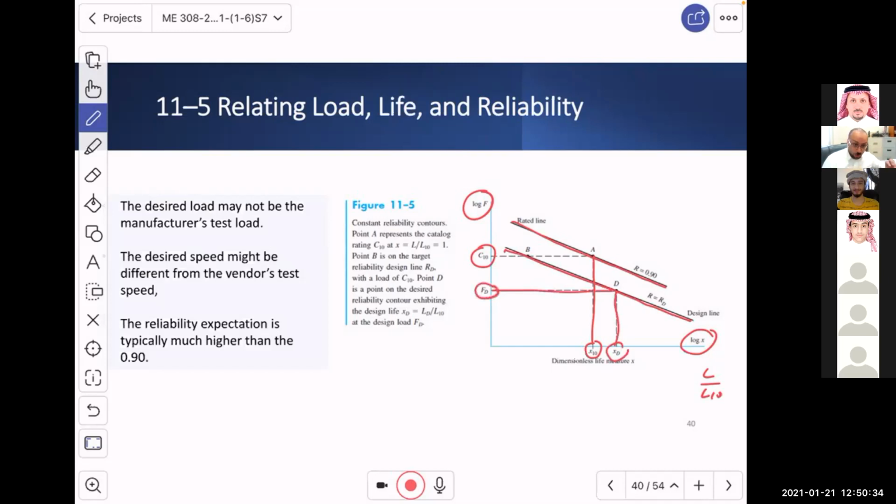But this force, if you pick it from the catalog, will give you 90%. So what should you do? You want to jump to this curve. In the next class, because we ended our time, we'll show you how to move from this curve to this curve. Why? We are going to use the catalog value, which only gives us 90% reliability, but we will use a bearing which will give me 99 or 95 or something.